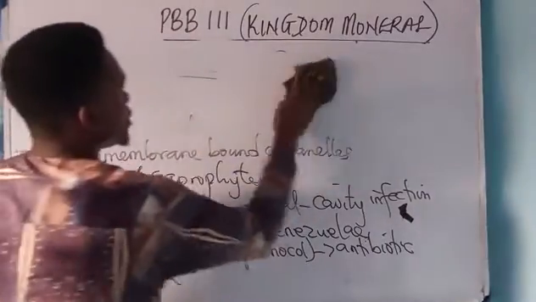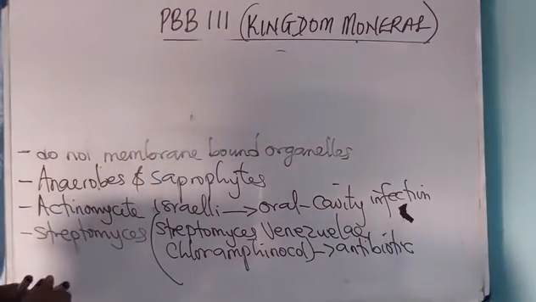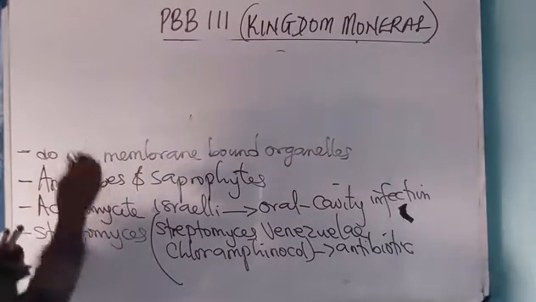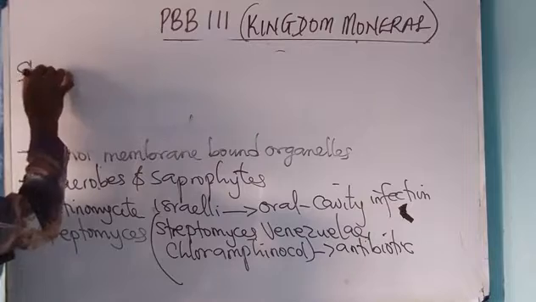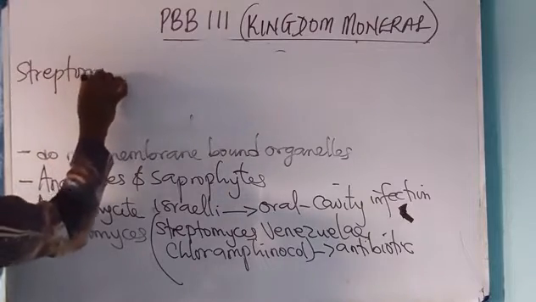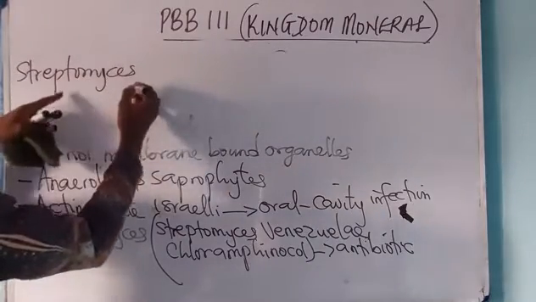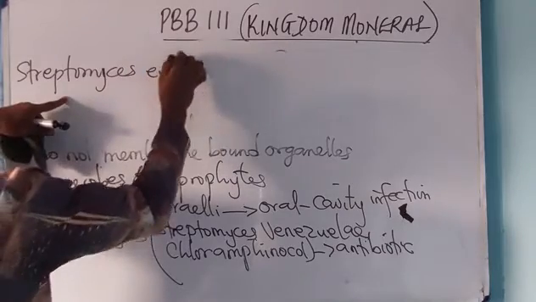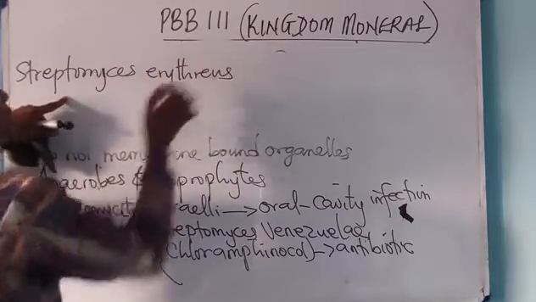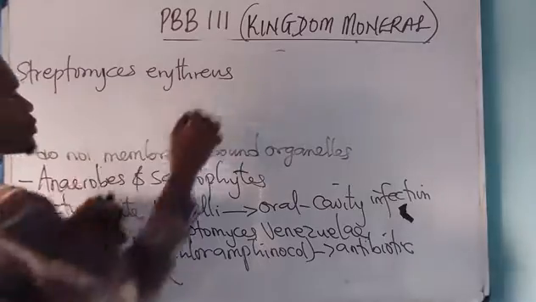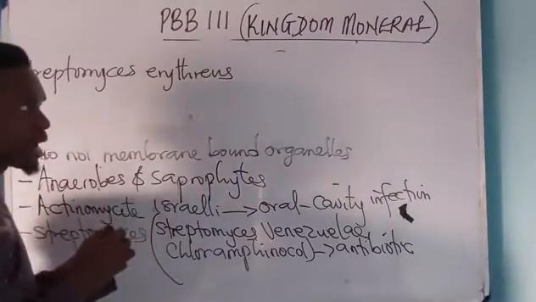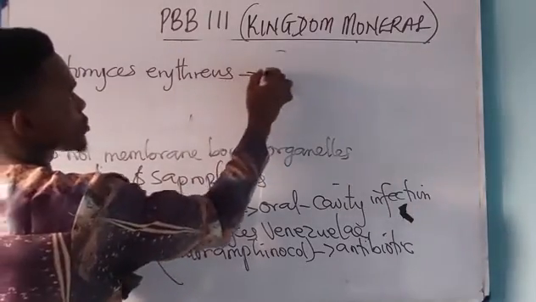Another species of the Streptomyces is the Streptomyces erythraeus. Now, this Streptomyces erythraeus produces an antibiotic that is called what?